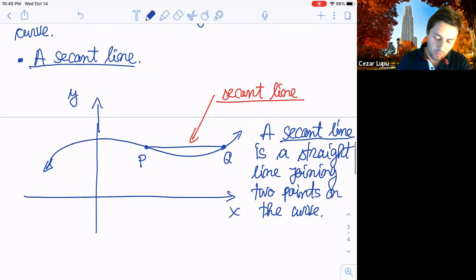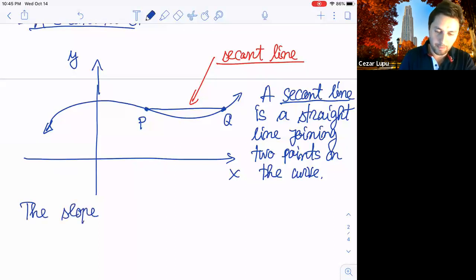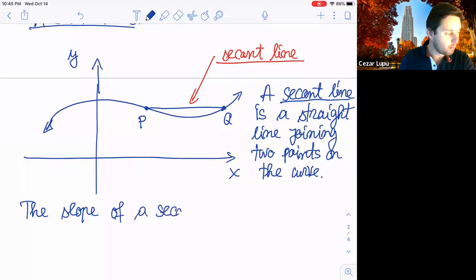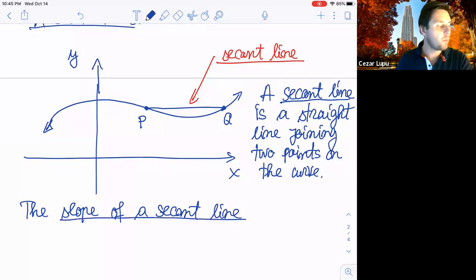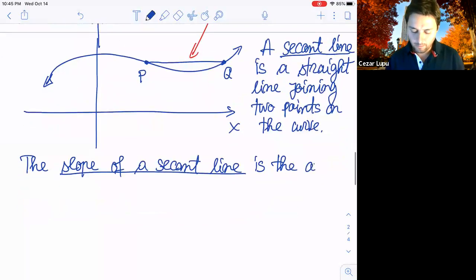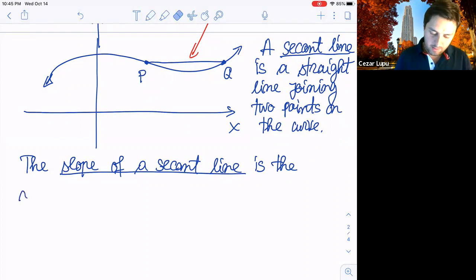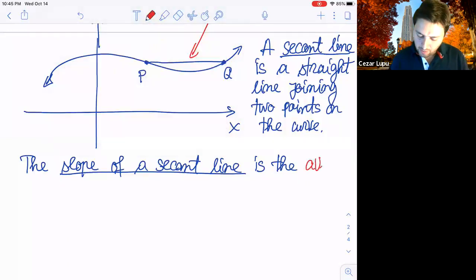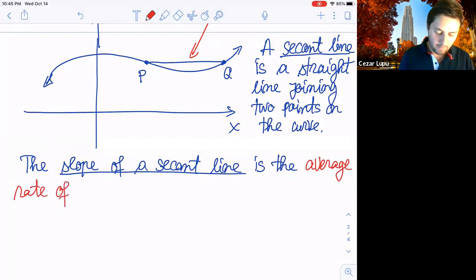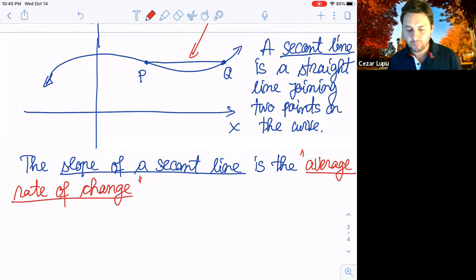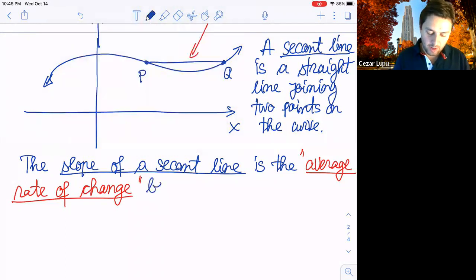And now the slope of a secant line is nothing else than the average rate of change between these two points, P and Q.